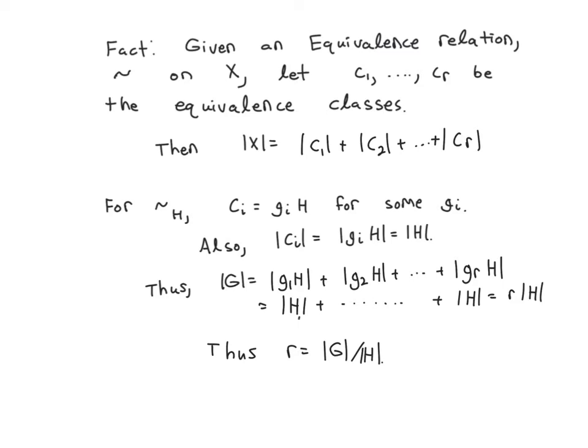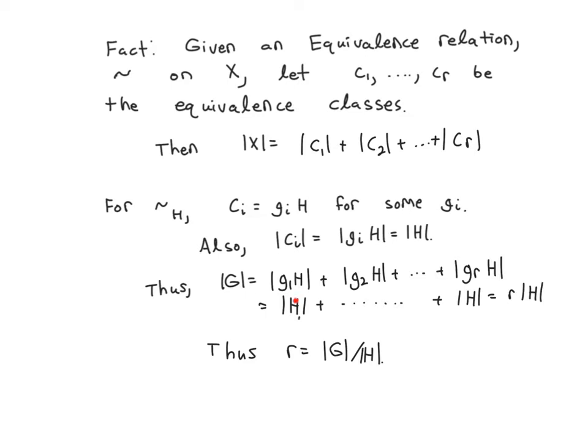Remember, we defined a specific equivalence relation with regards to a subgroup, such that the equivalence classes were the cosets. In particular, the size of this equivalence class is the size of the coset. What we just determined is that all the cosets have the same size as the subgroup. So the size of your group is the sum of the sizes of each of these cosets. These each have the same size.